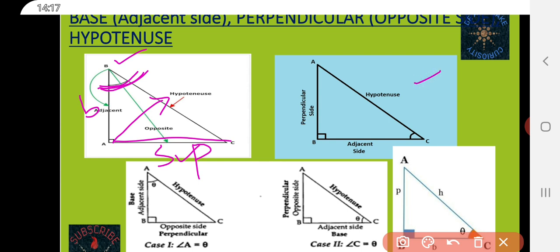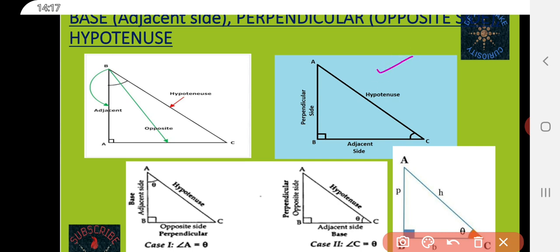Now come to the second picture. In this triangle ABC, if you take this angle C, then the side opposite to angle C is your perpendicular P, and the side adjacent to angle C is your base, and hypotenuse, you know, is the side opposite to the right angle.